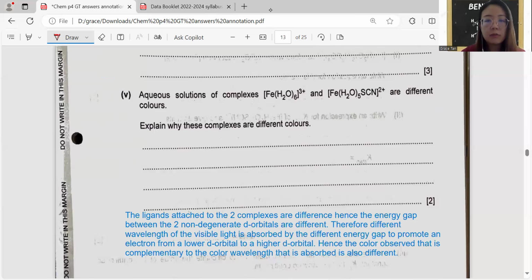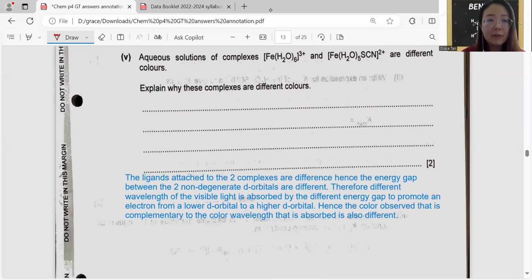Now next. Aqueous solutions of the 2 complexes are different. Why are these complexes different in color? First, I say that the ligands attached are different, hence the energy gap will be different. I believe the different energy gap is one of the key marks.